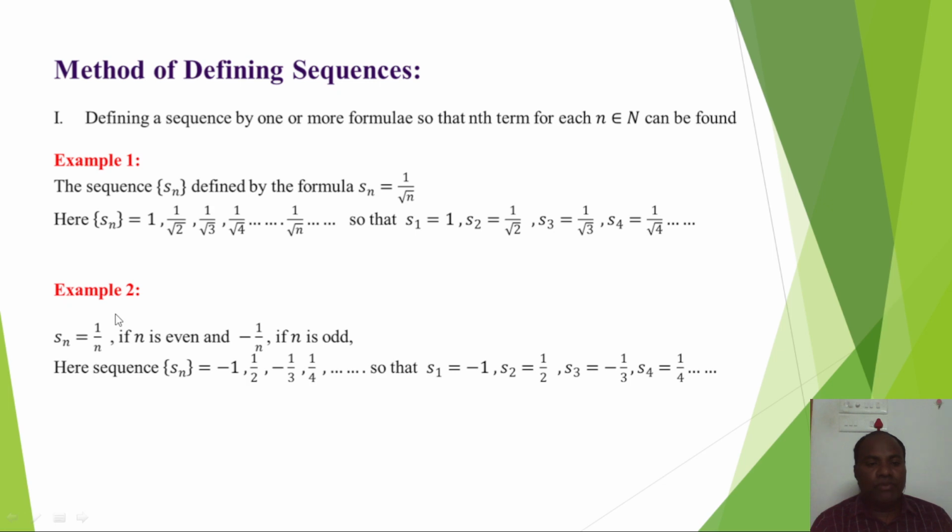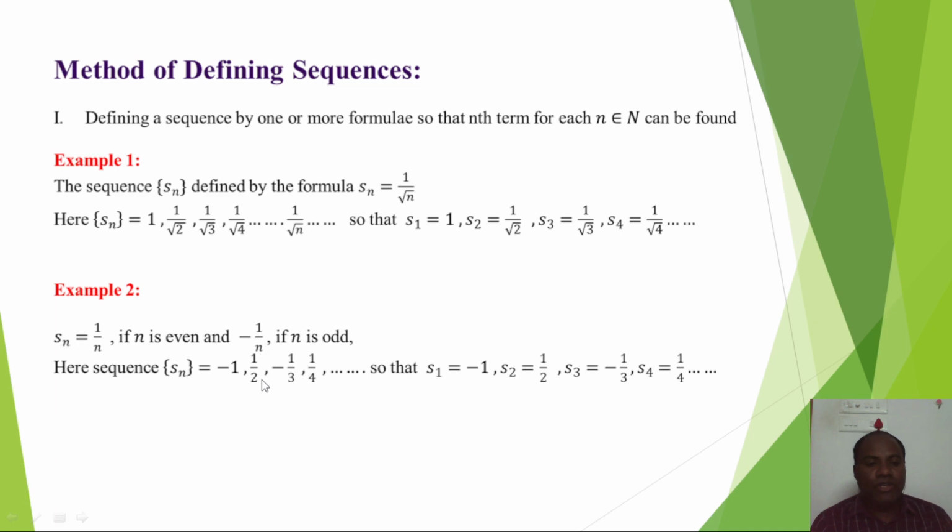For example 2, Sn equals 1 by n if n is even and minus 1 by n if n is odd. We define it separately when n is even and when n is odd, and like that we write the sequence. If n is odd, Sn is minus 1 by n, so replacing n equals 1, we get minus 1.